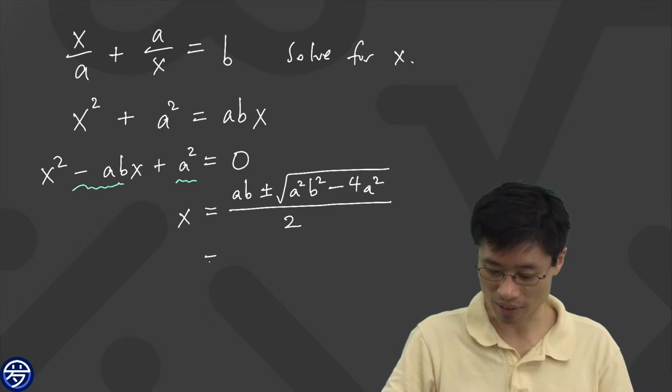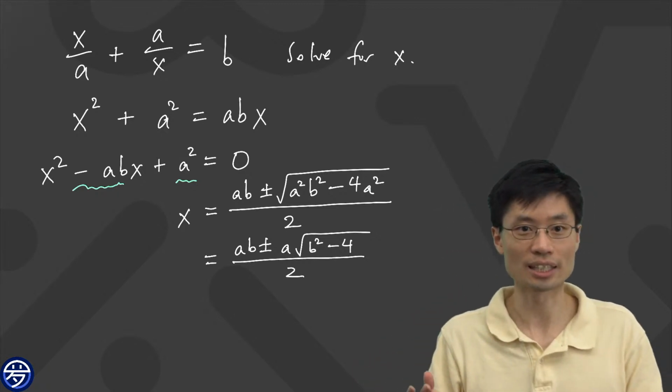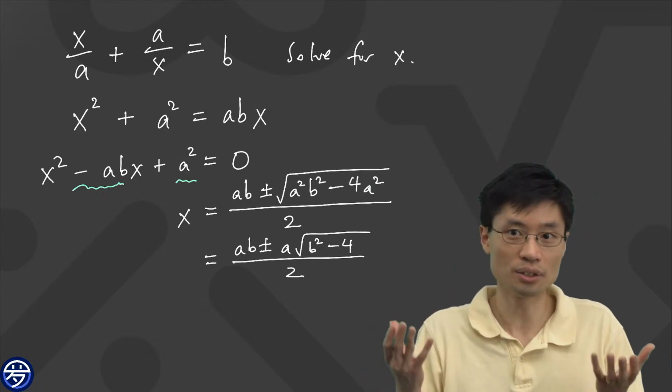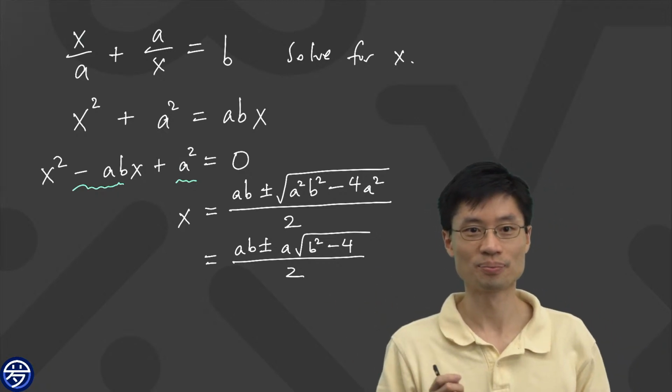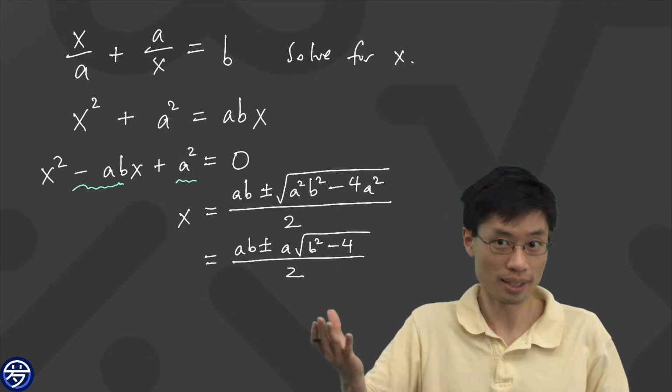I can factor out an a: a times b plus or minus the square root of b squared minus 4, all over 2. And that's the best I can do. There's actually not going to be an easier solution for this than what we see here. So I think that's the answer to your question. It's not nice, but there is an answer.